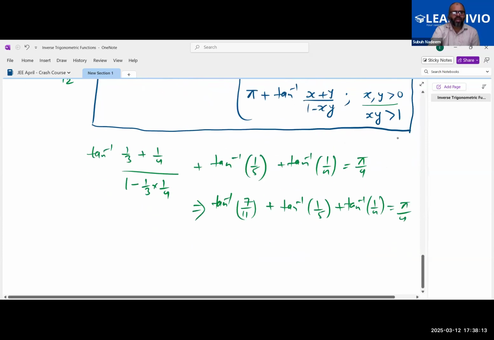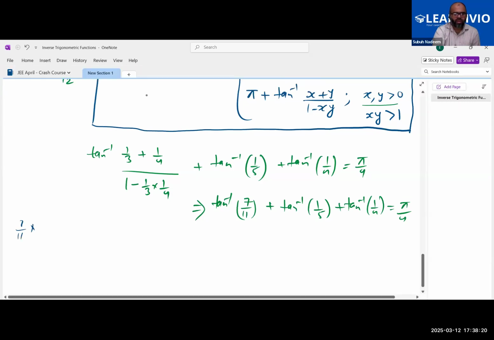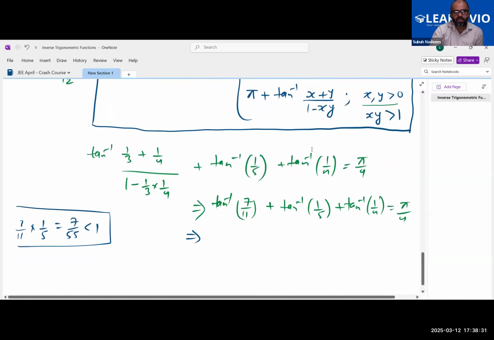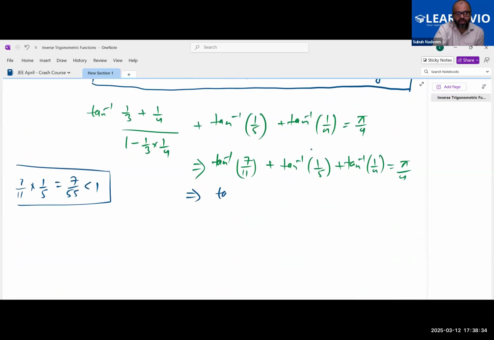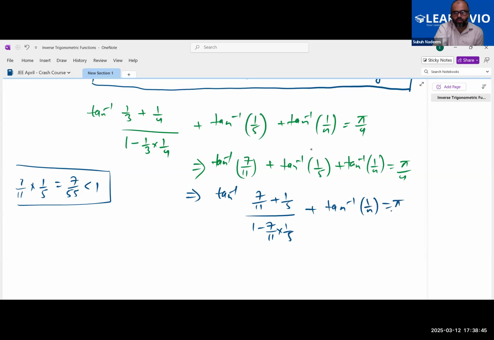Again, let us check 7 by 11 and 1 by 5. 7 by 11 into 1 by 5 is 7 by 55, which is still less than 1. So here also the above result will apply, tan inverse (x plus y) by (1 minus xy). So we write tan inverse of (7 by 11 plus 1 by 5) by (1 minus 7 by 11 into 1 by 5) plus tan inverse 1 by n is equal to pi by 4.